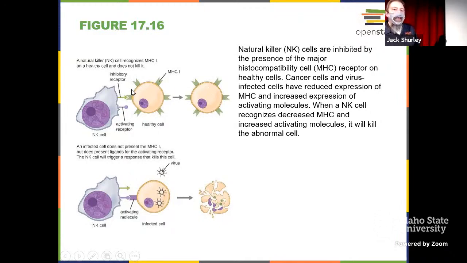So these natural killer cells are doing surveillance, and they're looking at our own normal body cells, and as long as they've got this complex, they keep on moving. You're telling me you're normal. A lot of the time, natural killer cell function is thought of with virally infected cells.